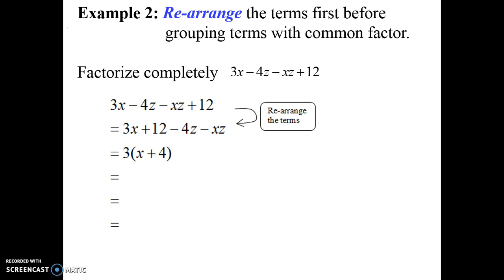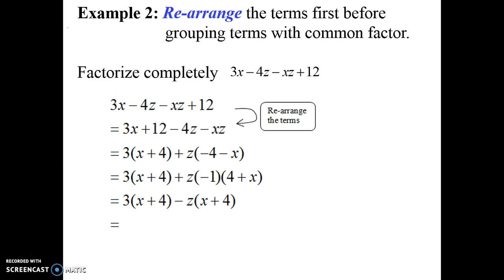In the first two terms, you will notice that there is a common factor of 3. In the last two terms, there is a common factor of z, or more essentially, a common factor of z as well as negative 1. So if you simplify them, you will have 3 bracket x plus 4 minus z bracket x plus 4.